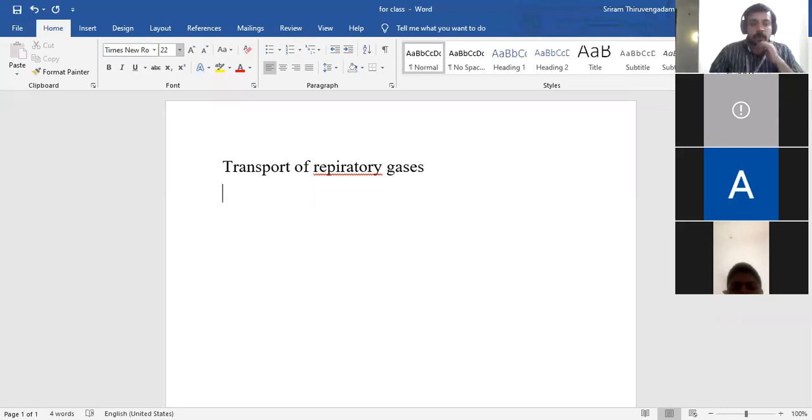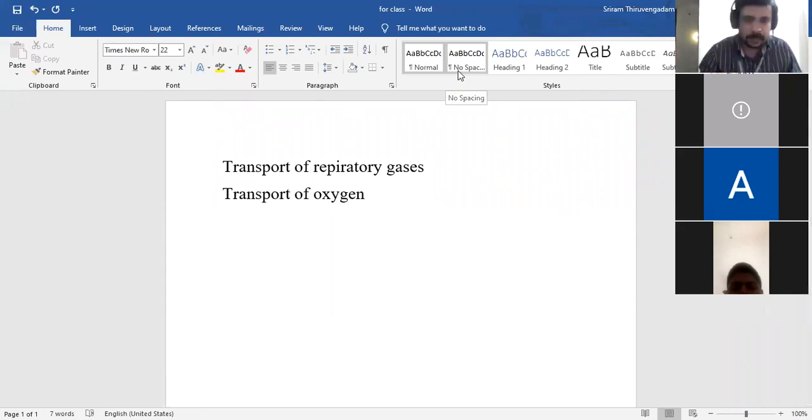In this topic, we have to discuss the transport of oxygen. Speaking about the transport of oxygen, let me tell you how oxygen is transported, and after that we will be speaking about the transport of carbon dioxide as well.